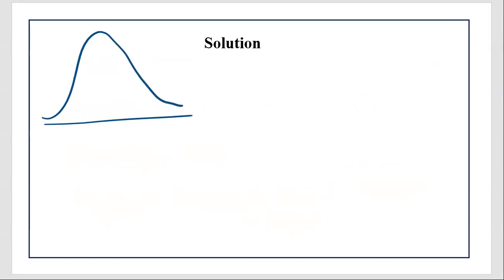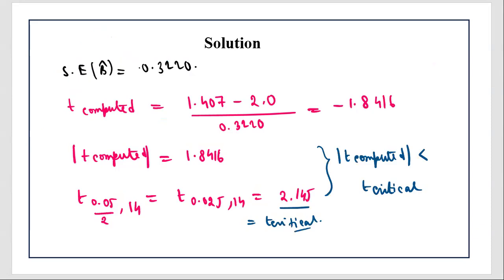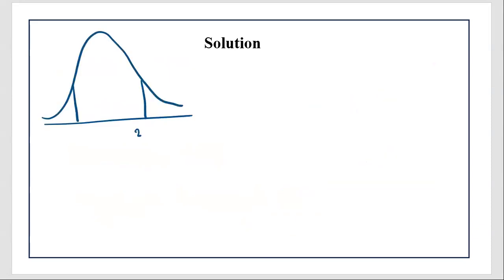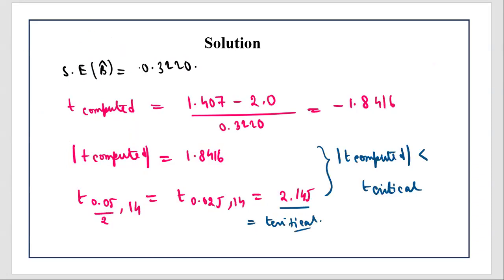So this is suppose a T distribution and the critical regions are like this. The critical value you have got is 2.145. So here you have 2.145 and here you have negative of 2.145. And these regions will form your rejection region. Now, see what is your computed value?